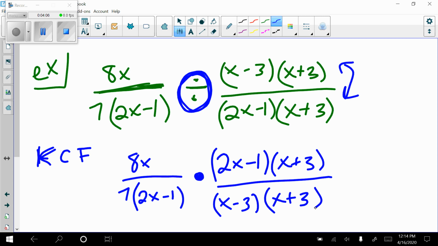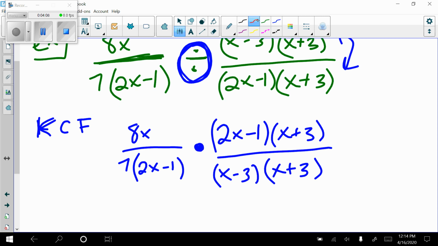So now it's like what we've done before. You're multiplying rationals. And so the first step that I would do is, before I even multiply, see if you can cancel things out. Make it easier for yourself. So what I notice, there is a 2x minus 1 on top and bottom. I can cancel those out. And there's also an x plus 3.